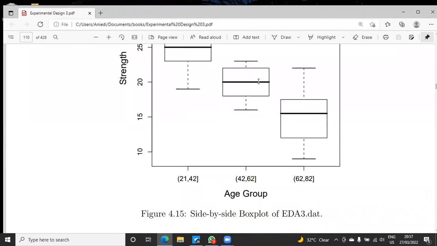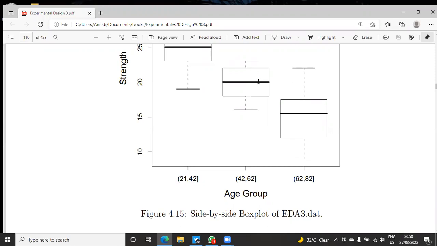So for the population of people who were 21 to 42 years, we have their box plot. For the population who were 42 to 62 years, they have their box plot. Then 62 to 82 years, they have their box plot. There are three different populations.